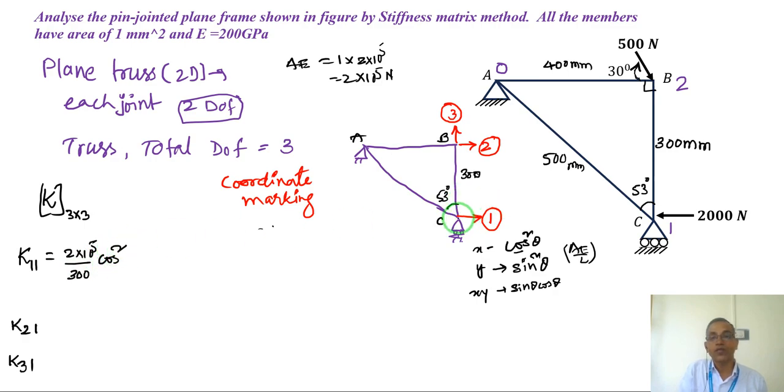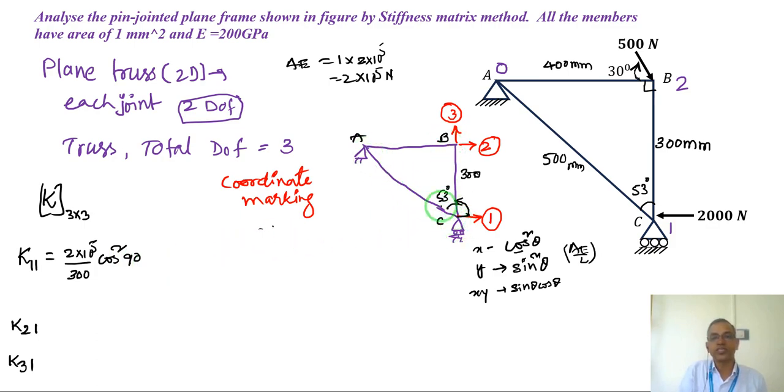What is the theta? From the positive x-axis at that joint, what is the angle of that member for which I am finding? That is BC member angle with respect to the positive x-axis there. So this is 90 degrees. Now this is for one member. There is another member also.